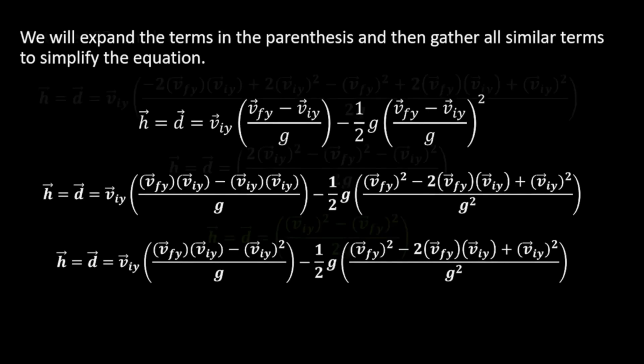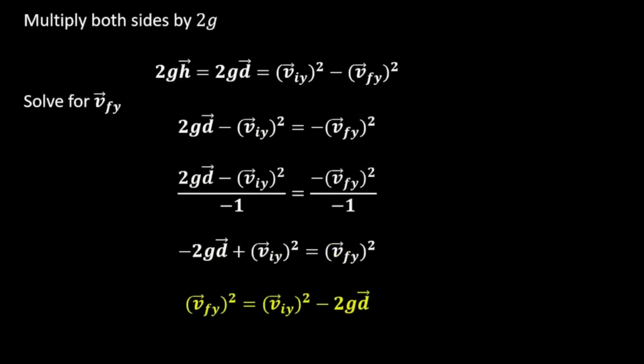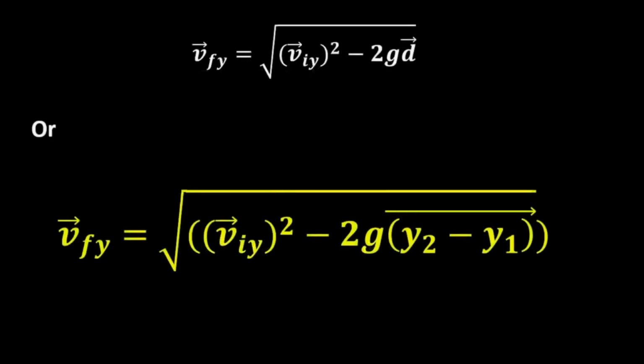Get the LCD, which is equal to -2. After simplifying the equation, we see that final velocity along the y-axis is equal to the square root of initial velocity squared, minus 2, times g, times the quantity of y sub 2, minus y sub 1.